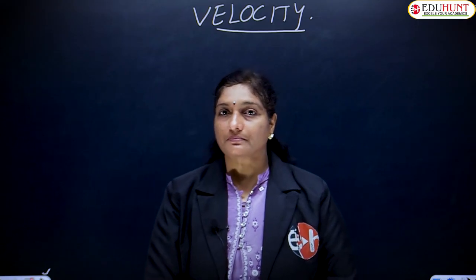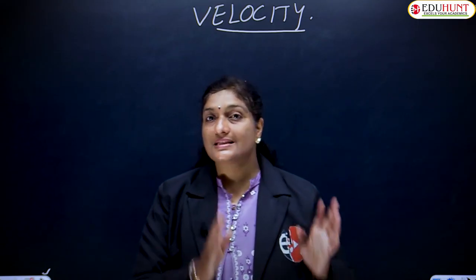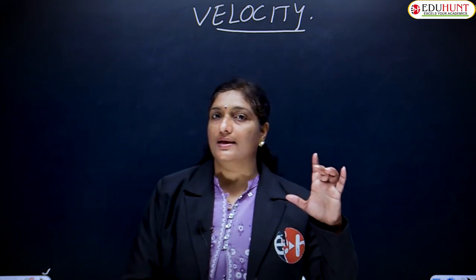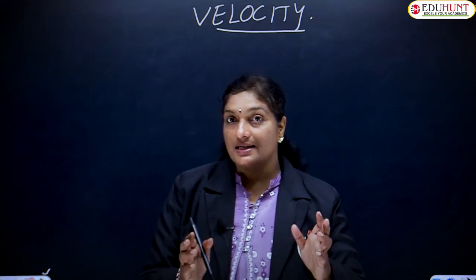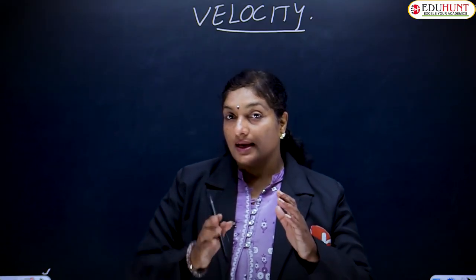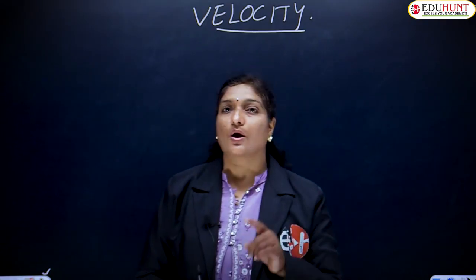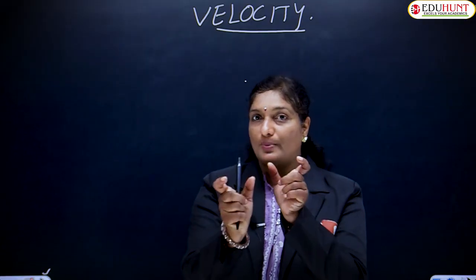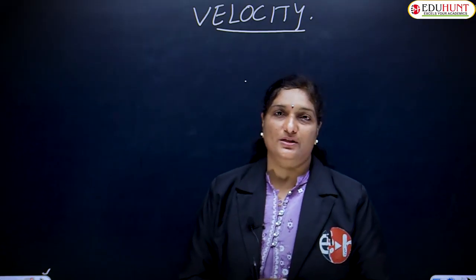Okay children? So earlier we have discussed that the distance covered by a body per unit time is called speed, whereas the distance covered by a body in a specified direction per unit time is called velocity. Distance in a specified direction is generally termed displacement.